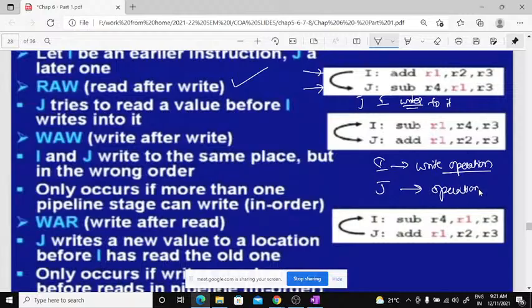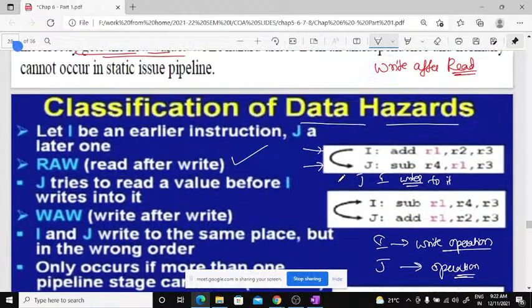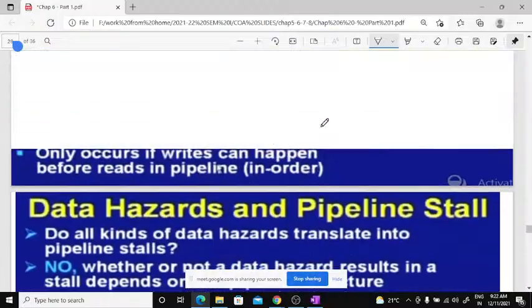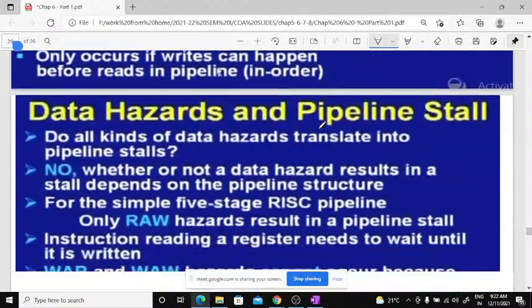So write after write, then write after read. So these are the three classifications of the data hazards. These different types of data hazard will occur in the pipeline.